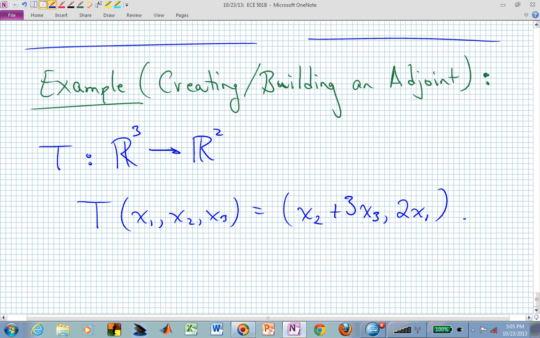We now want to build an adjoint, another map, but what's it going to do? So T takes us from this room to the floor, doesn't it? Now what we want is for T dagger, or the adjoint, to take us from the floor back to the room.